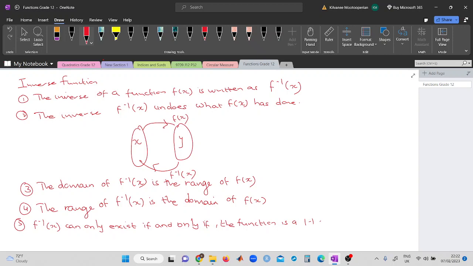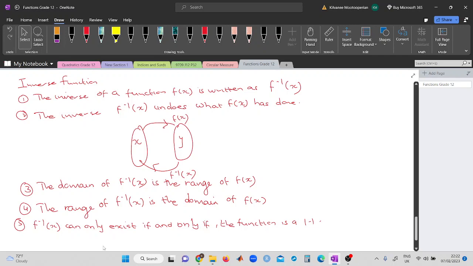Is a one-to-one. D'accord? Donc du moment où il n'est pas one-to-one, it's difficult to do its inverse. Donc for instance, okay, so I take the screenshot and then we will continue.